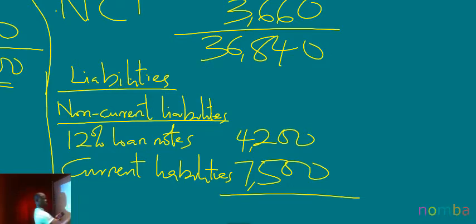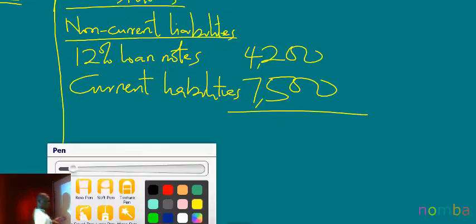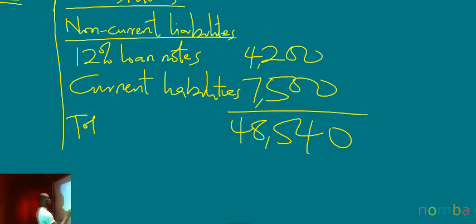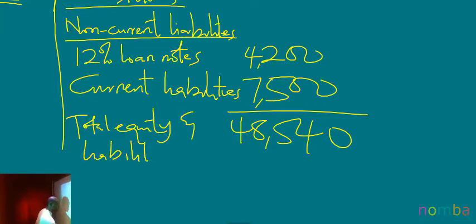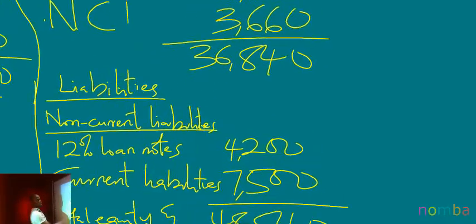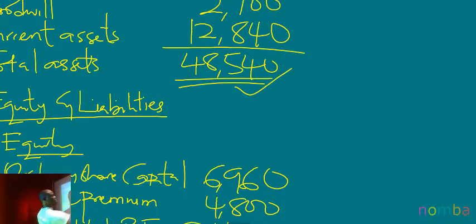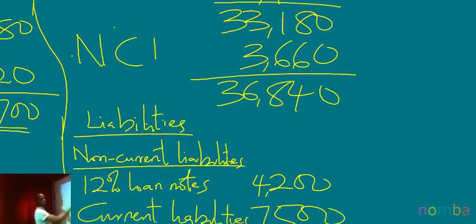Then that leaves me with 48,540, which represents my total equity and liabilities, which we expect to be equal to your total assets. Which is 48,540. You will see that the two are the same. They are equal. That means we are on the right path.